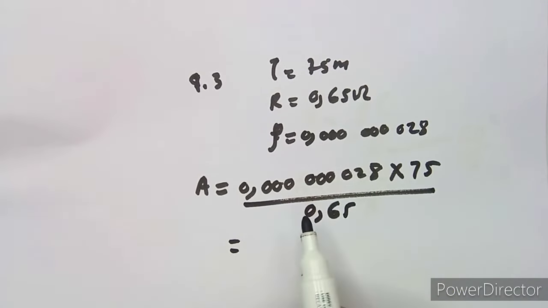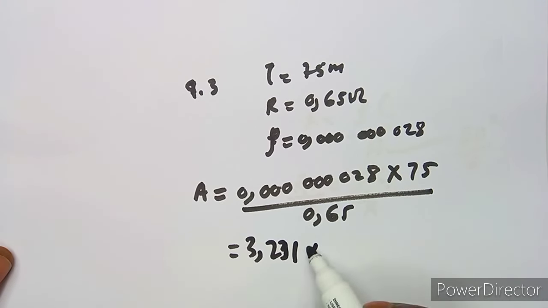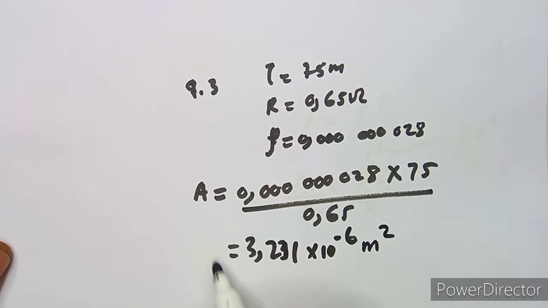So we shall have our area as 3.231 times 10 to the exponent of -6. This is in square meters as your area.